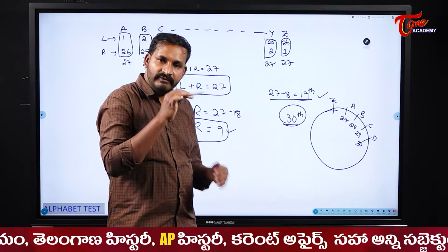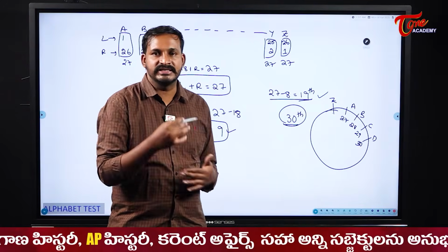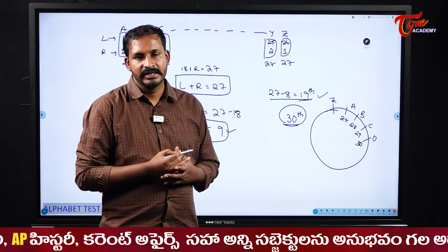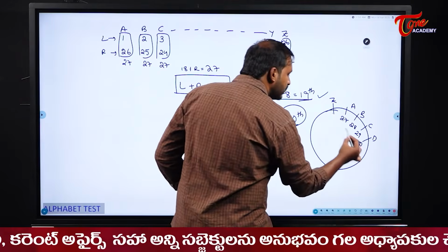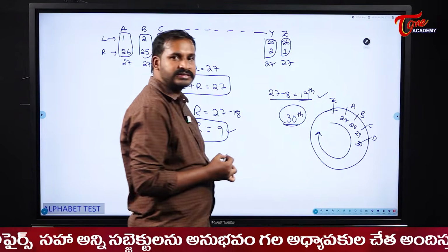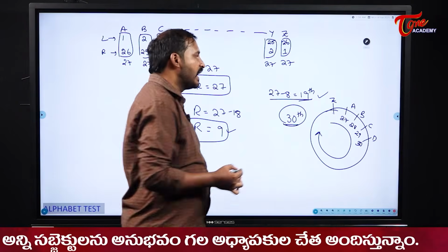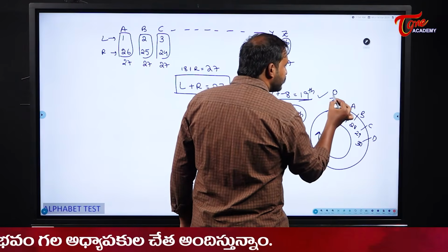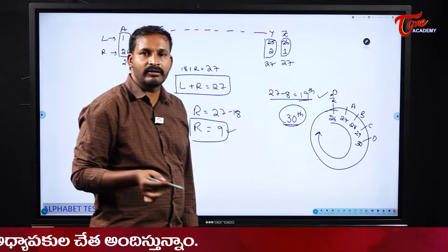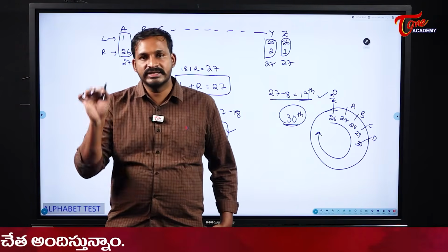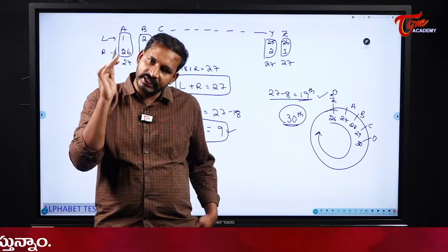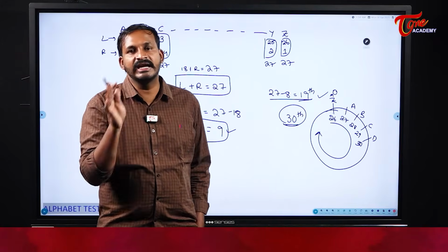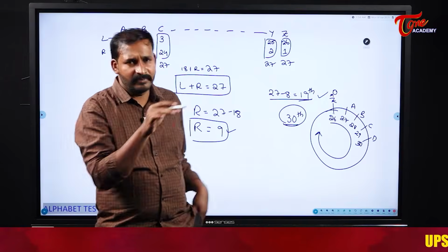That means we will always consider our alphabets in a circular manner, and based on that only we will solve the problems. And remember, Z is the 26th alphabet as well as the 0th alphabet. Similar to our wall clock, where 0 is 12, so start and end are the same.